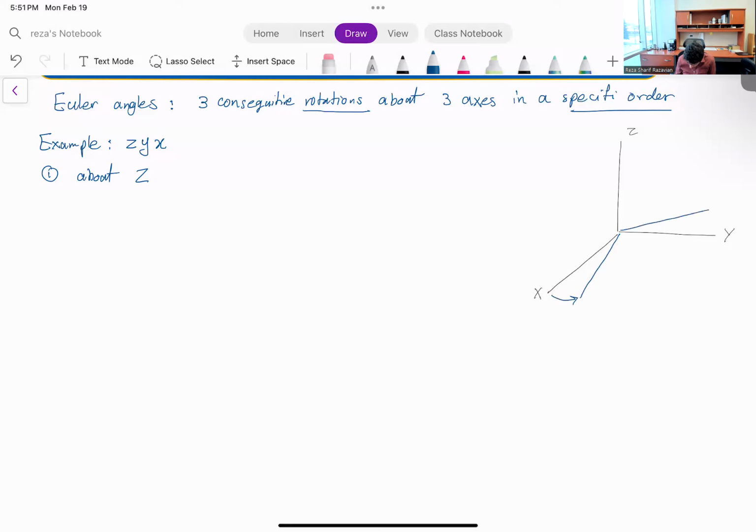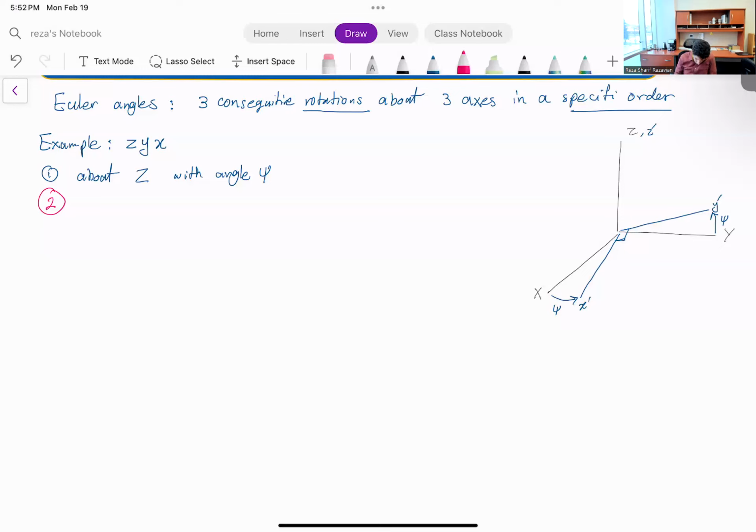My Y is going to go there. Let's call them X prime, Y prime, and Z prime is going to stay the same. We rotate about Z with angle psi. So this is psi. The first one is easy.